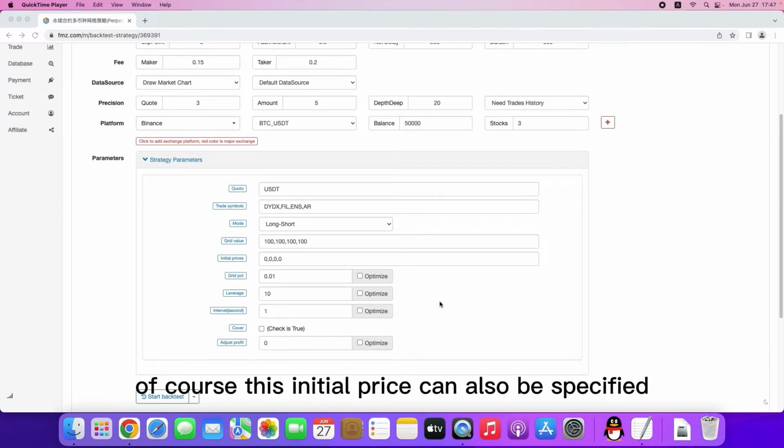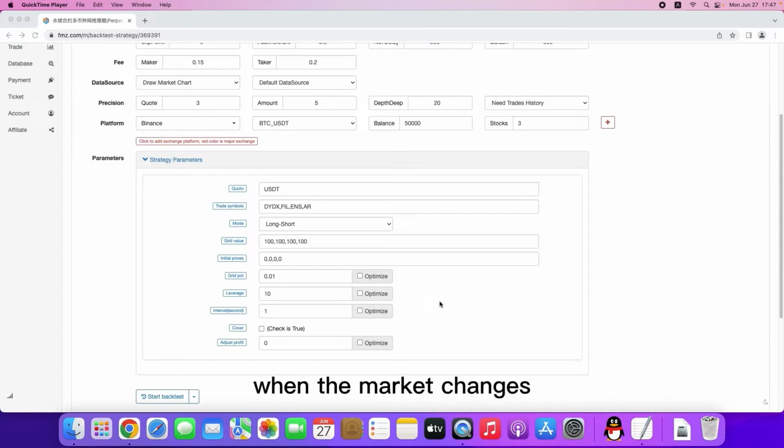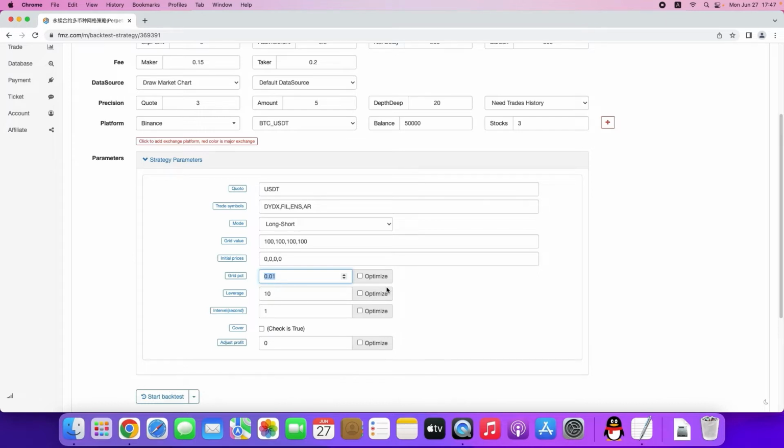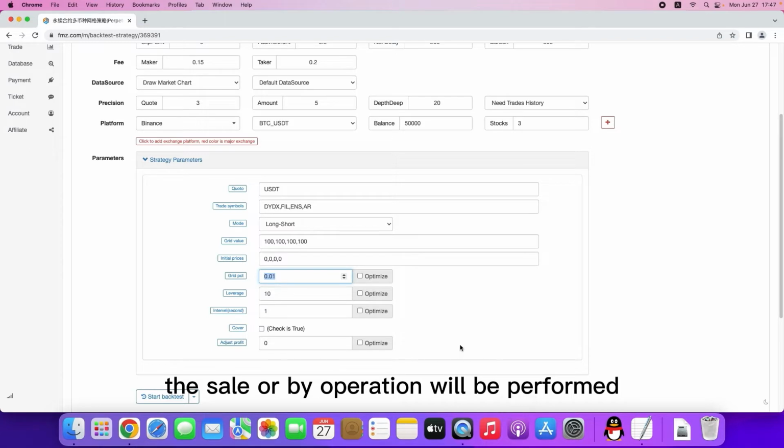Of course, this initial price can also be specified. When the market changes, the price rises or falls more than the grid spacing ratio. For example, the grid spacing ratio is set as 0.01. When the price rises or falls more than 1% of the basic price, the sell or buy operation will be performed.